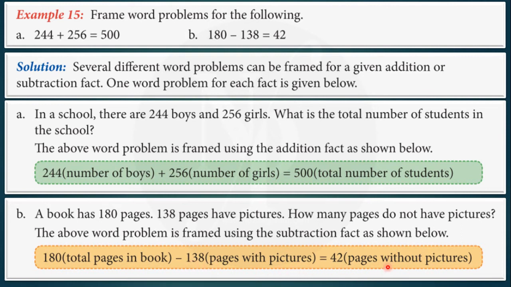Then the number of pages without pictures is 42. Like this, choosing an appropriate example, we can frame a word problem for a given subtraction fact or for a given addition fact.